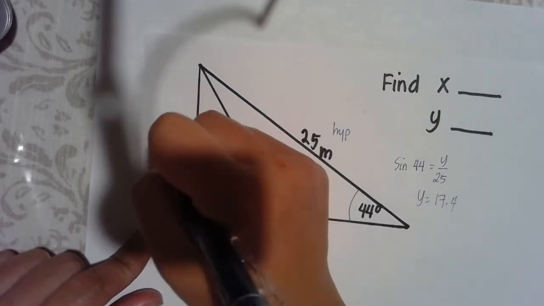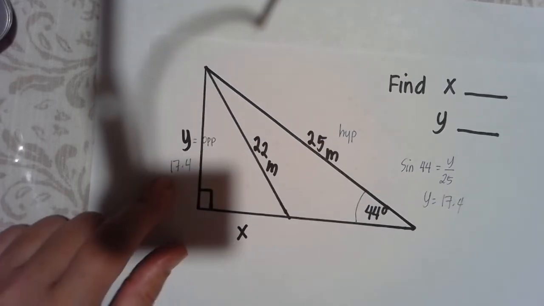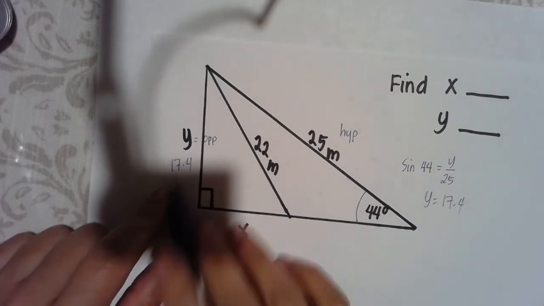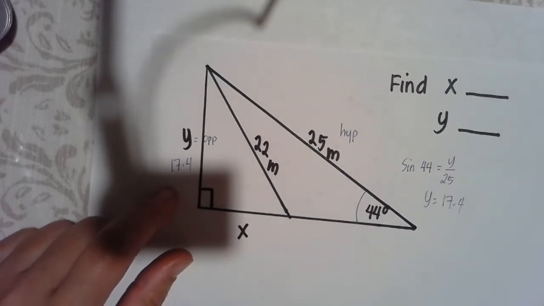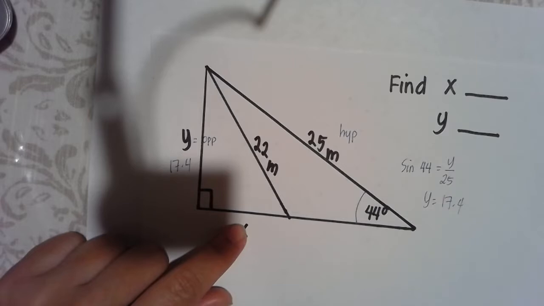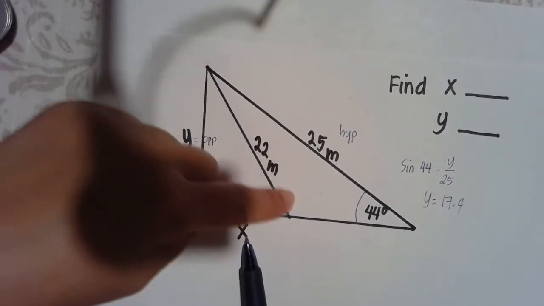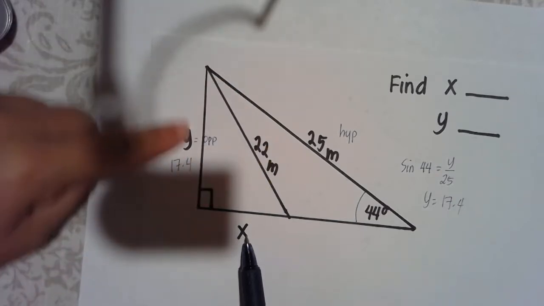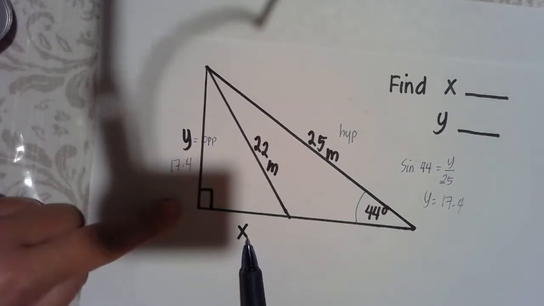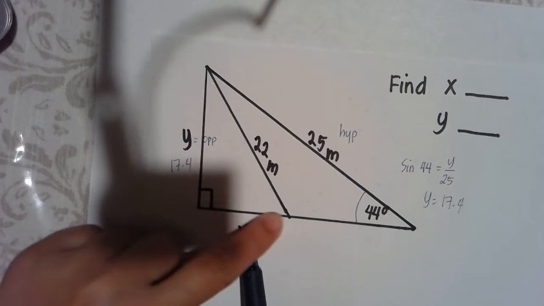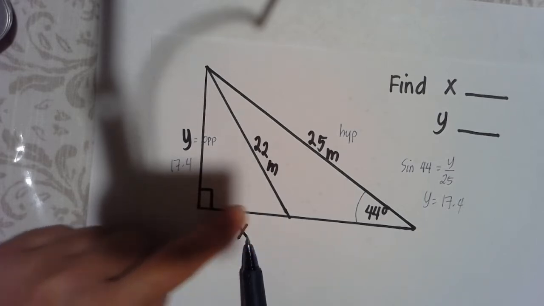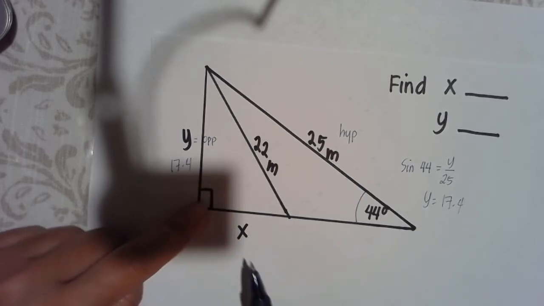So if this is 17.4, we may now solve for this side. If this side is 22 and this side is 17.4, we don't have this side, so I will use the Pythagorean Theorem.